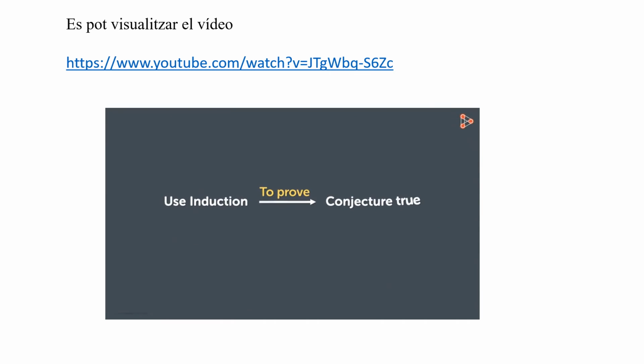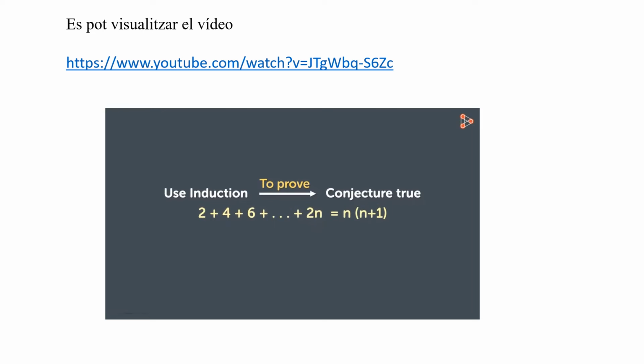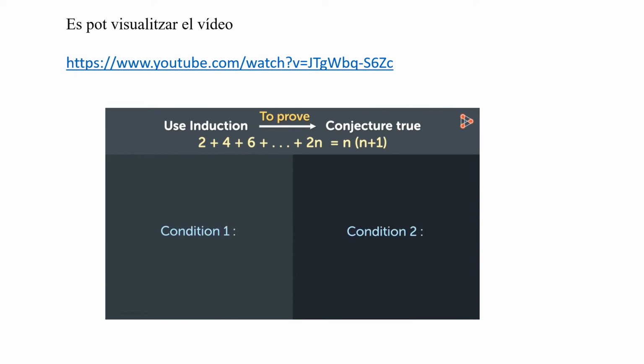Similarly, in mathematics, to prove the formula true, it has to fulfill two conditions. The first condition is a fact, which is also called the base case. The formula will be true if P of 1 is true for n equal to 1. Here n equal to 1 represents the first term. But what is P?